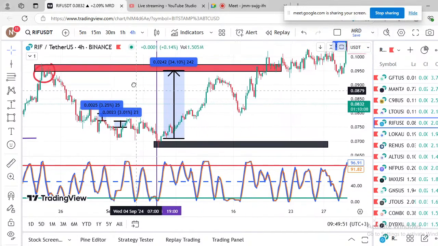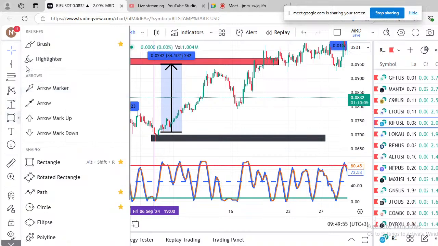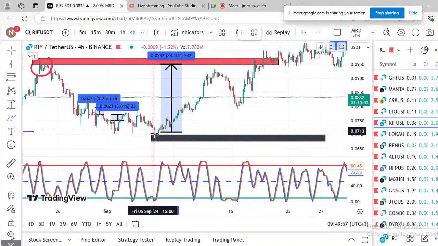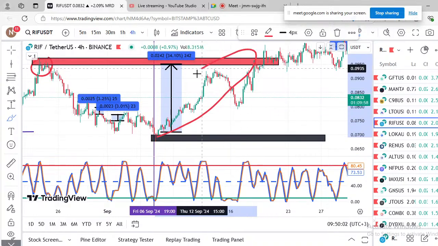Because automatically when you see the market changing the direction from here, the target was the supply level. Are we getting the point? Or you are lost?